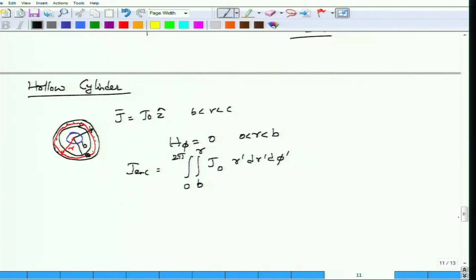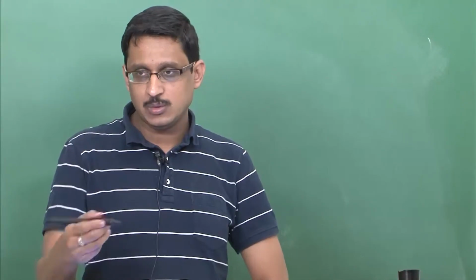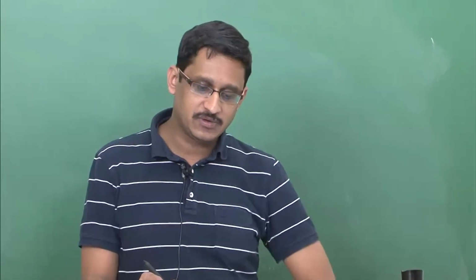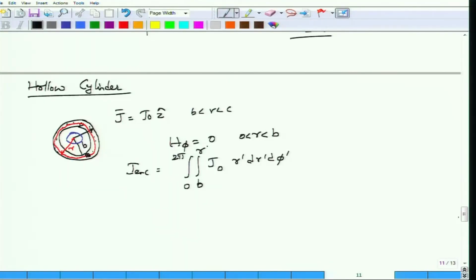Why b to r? Because 0 to b has no contribution. So you do this integration, and you get J0 times pi into r squared minus b squared. So this is the current that you are going to get here.